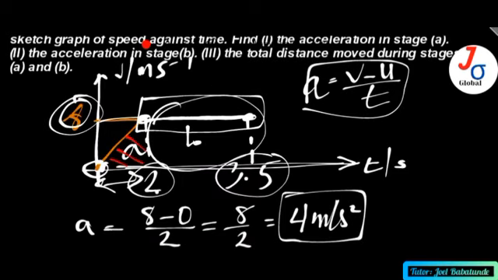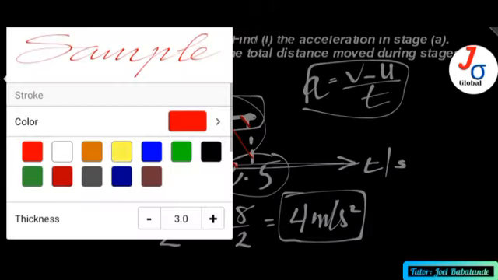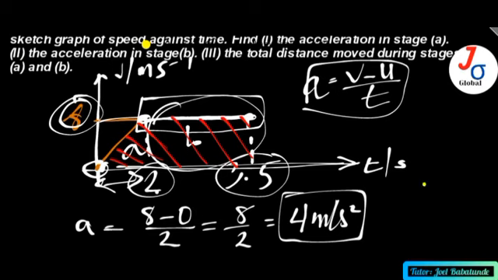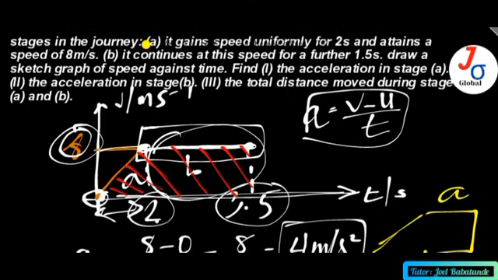It looks like this, doesn't it? So can we call this a trapezium? Yes, we can. And this is going to be our a, this is going to be our b, and this is going to be our h.